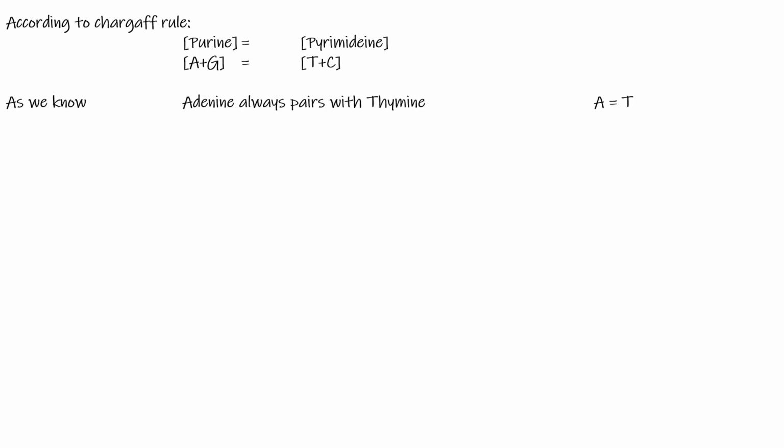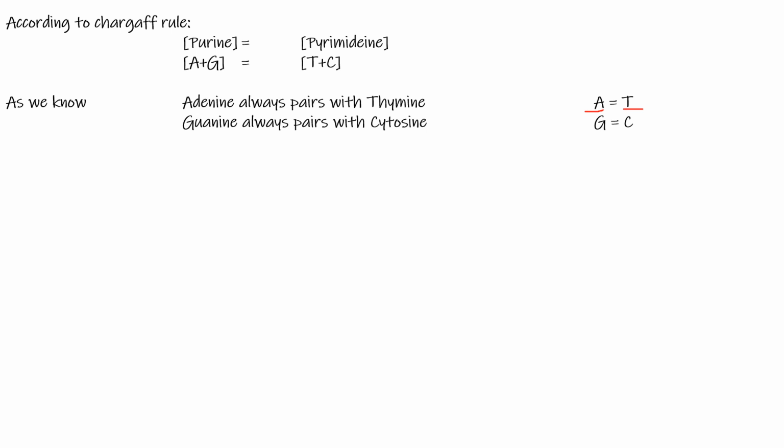Now, according to Chargaff's rule, purine is equal to pyrimidine in any DNA. Purine means adenine and guanine, so adenine plus guanine is equal to thymine plus cytosine. We already know that adenine always pairs with thymine only, so the number of adenine is always equal to the number of thymine. As much adenine as there is, that much thymine will be there.